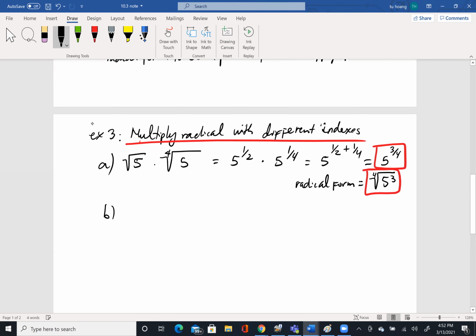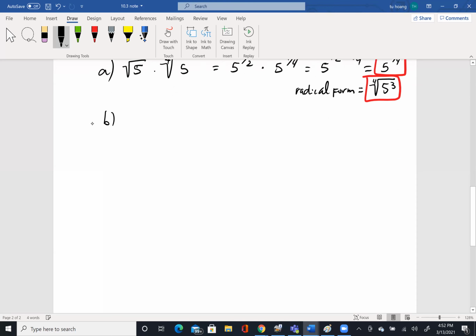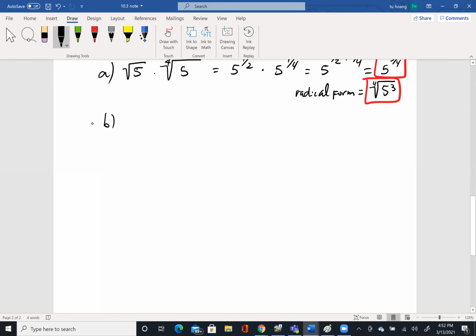Part B. Say the square root of y multiplied by the cube root of x. Let's do this.